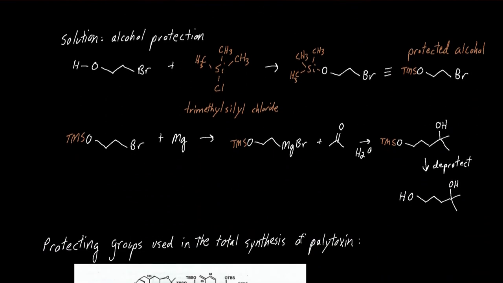The alcohol on the left will be protected through this scheme. And so we haven't seen this before. This is trimethylsilyl chloride, or TMS chloride. It's a silicon, notice, not a sulfur.